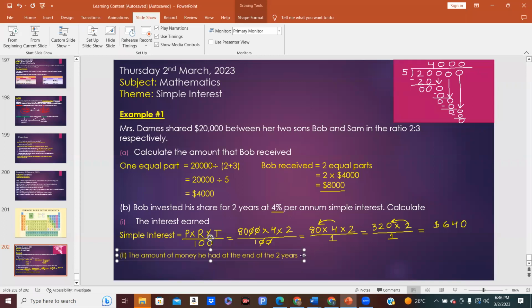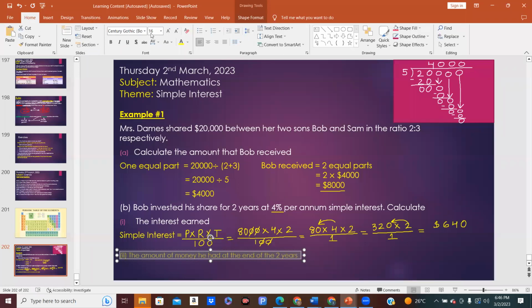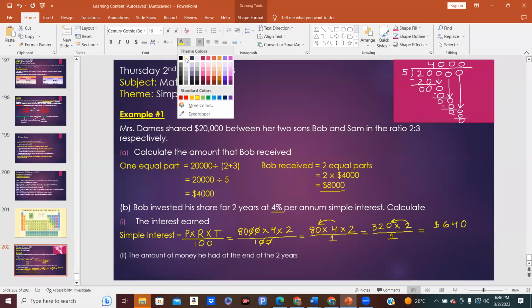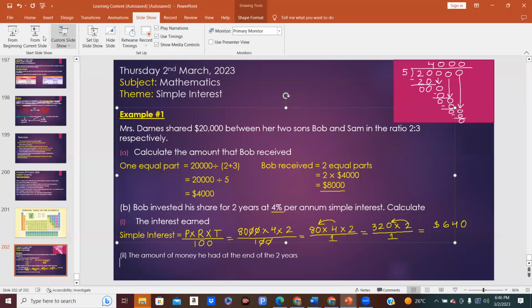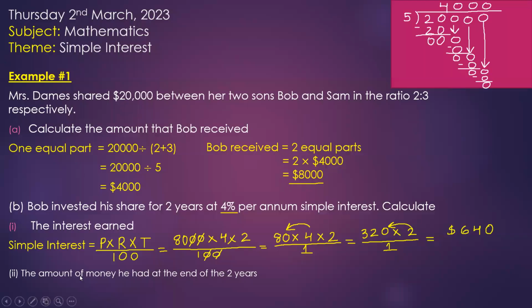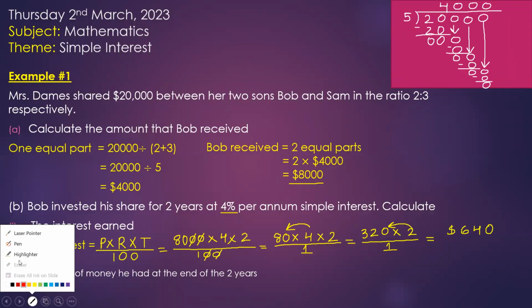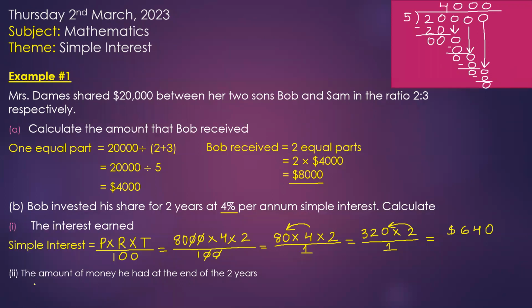You have to times it or divide it, Mr. Petit. I'm asking you all what you think. I think you have to times it by the 24 months. Okay, so remember, just read the question.